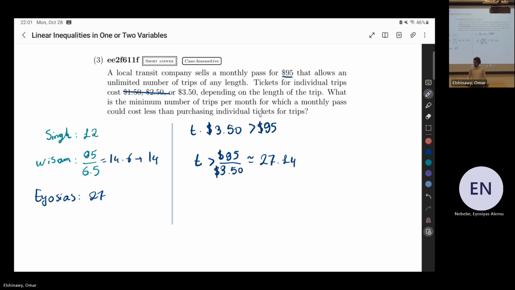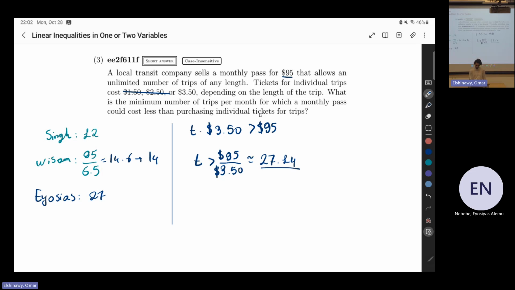If we want to find how many trips, right? We want to know how many trips. So it's like 27.14. 27.14 is a ratio.